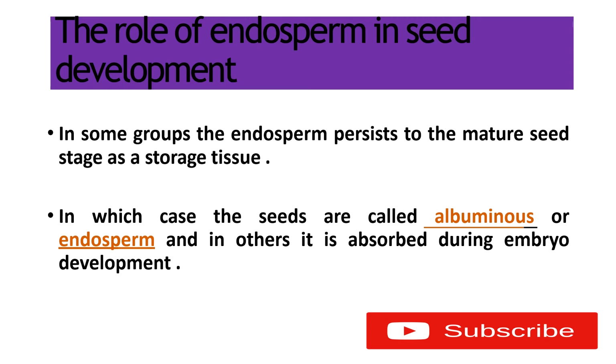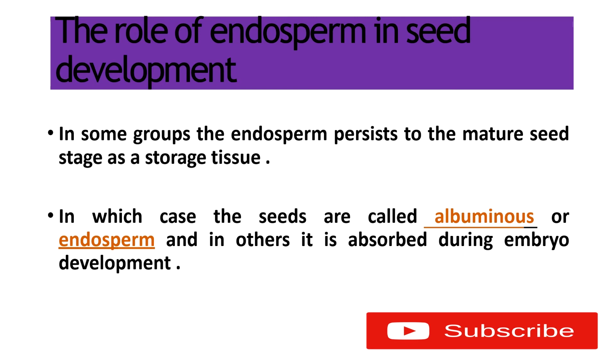In other cases, where it is absorbed completely during embryo development, they are termed non-albuminous seeds. We discussed this in the first slide itself, the ex-albuminous seeds, which don't have the endosperm. Examples are castor and the pea.